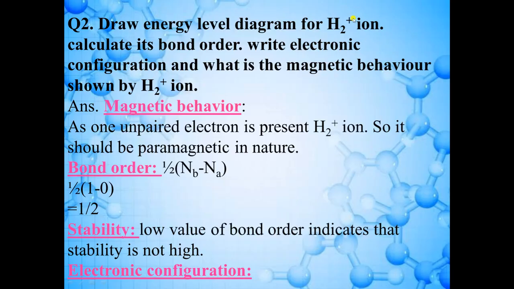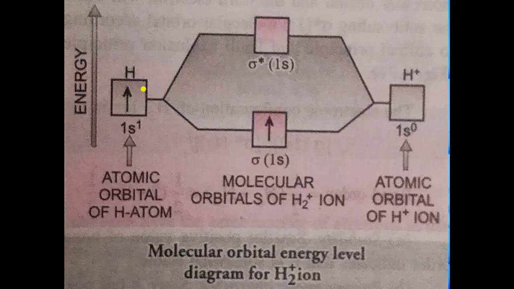In the same way, you have to draw the energy level diagram for H2 positive ion, calculate its bond order, write electronic configuration and what is the magnetic behavior shown by H2 positive ion. So first we will write molecular orbitals for H2 positive ion.